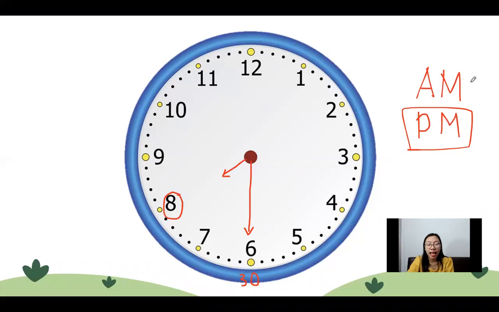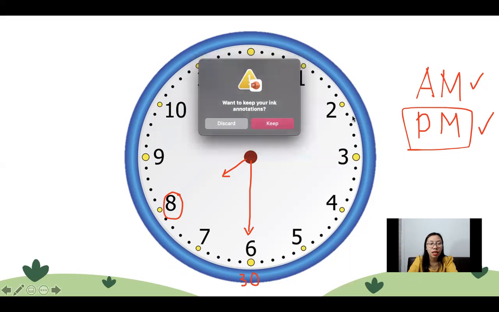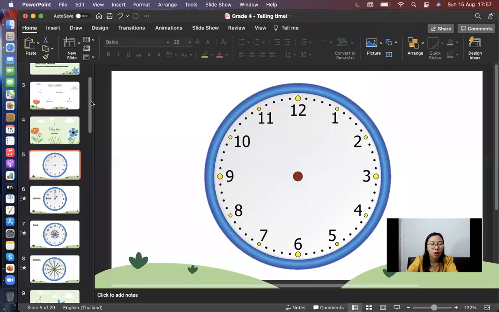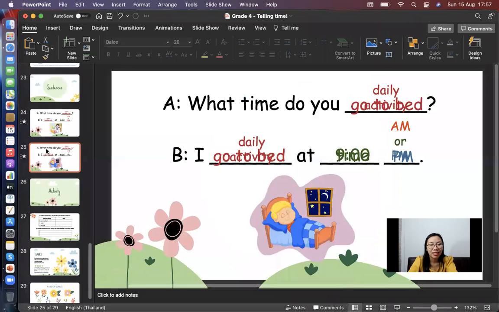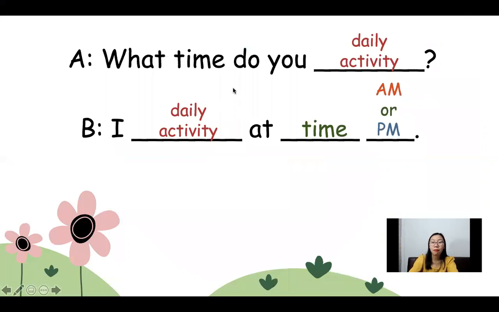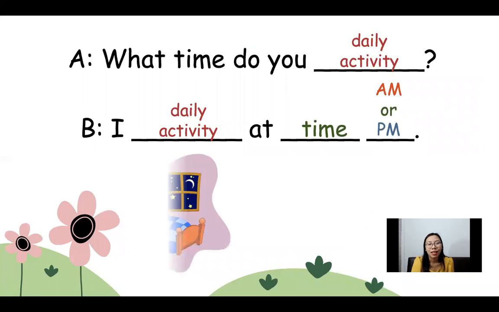Is it AM, morning to noon, or PM, afternoon to night? Remember 1 to 12. Now remember, AM is morning until noon, until lunch, and then PM is afternoon, until we go to bed.